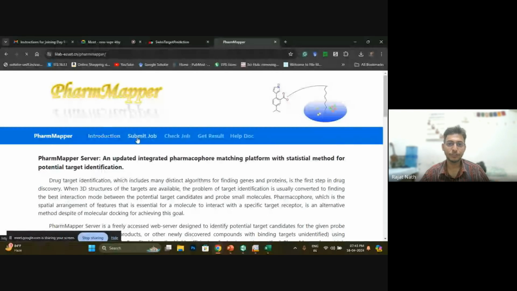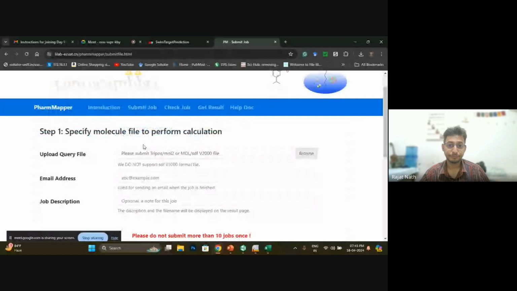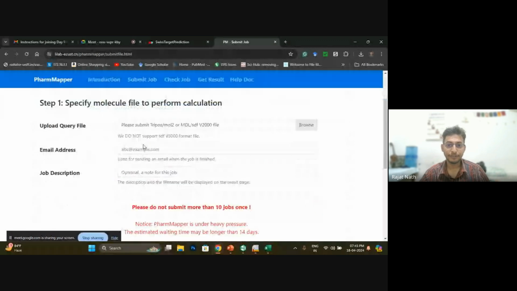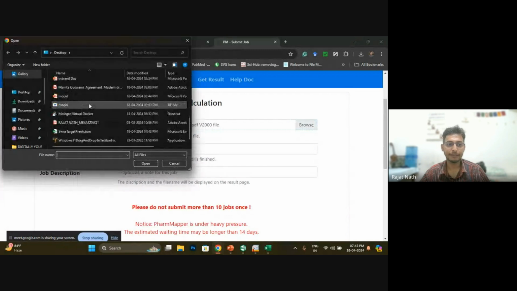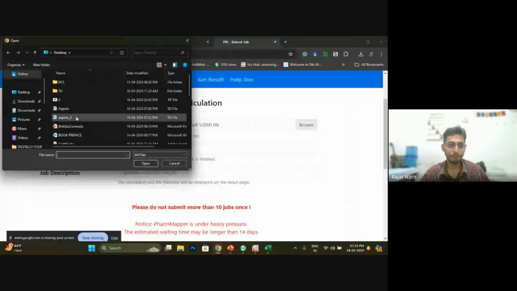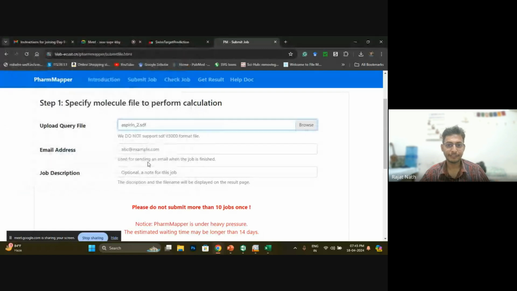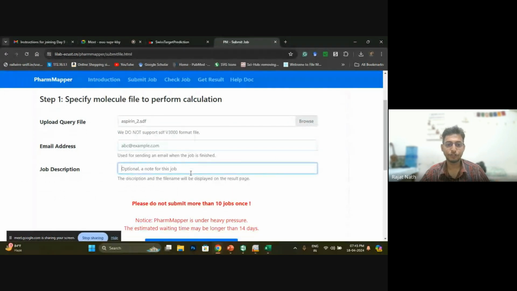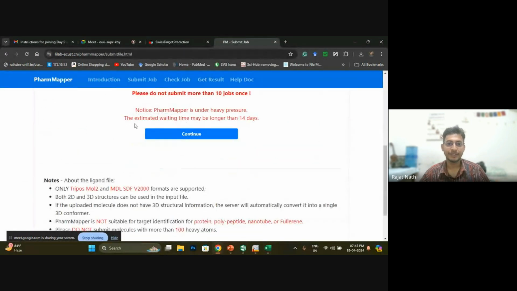Go to submit job, give your file in SDF format. In that case, you have to browse and upload the SDF file of your compound. This is the SDF file. Then give your email address, a name, a job description and submit. See, the server is under heavy pressure. The estimated waiting time may be longer than 14 days. That means you may get one result after 14 days.